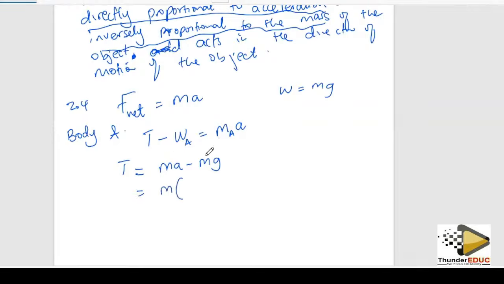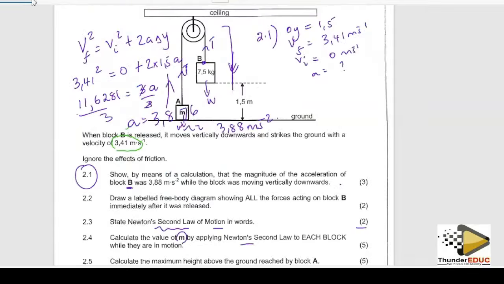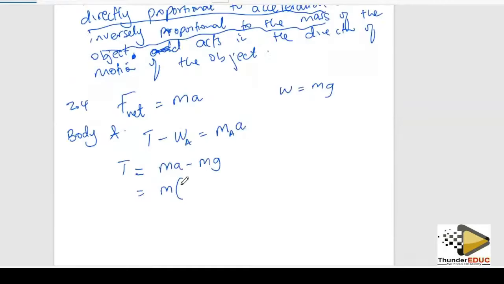I don't know the mass of A. So that's going to be my M, times the acceleration that we got, which was 3,88. When this one moves that side, it's a plus, sorry, it's not a minus. And then that's 9,8.